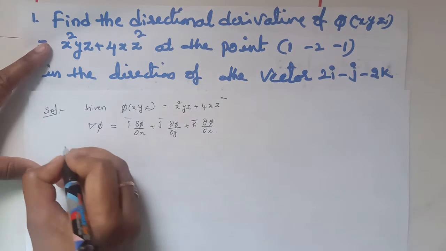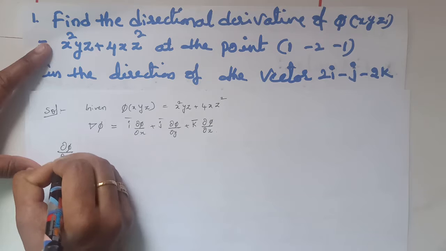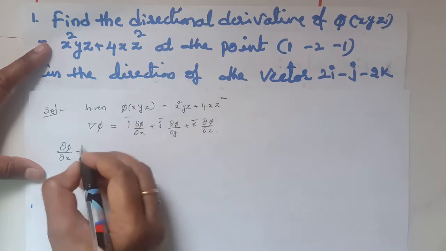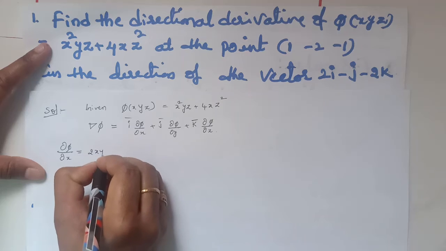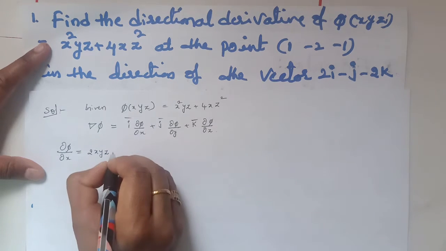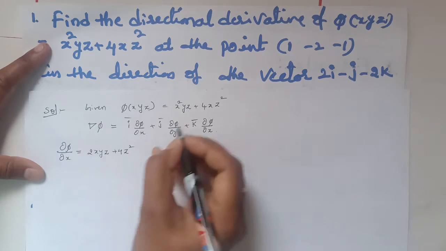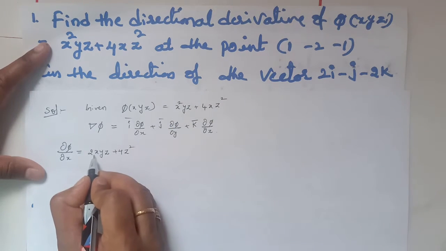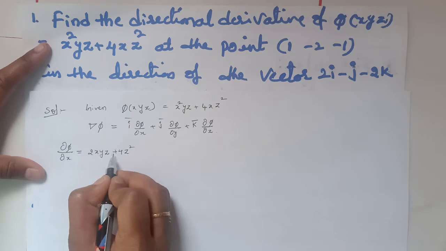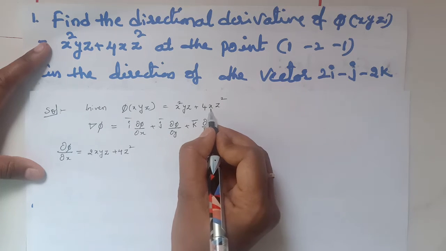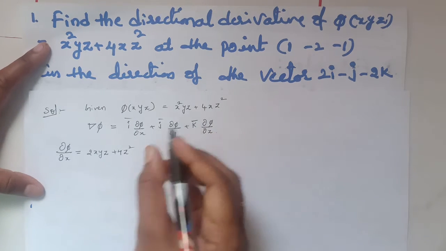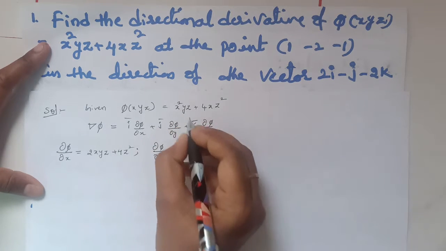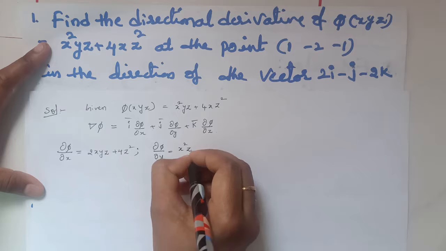Now find out dou phi by dou x. Differentiating phi partially with respect to x, you get 2xyz plus 4z squared. In the first term you have x squared, differentiation is 2x, you get 2xyz, plus x differentiation 1, you get 4z squared. Dou phi by dou y is x squared z.